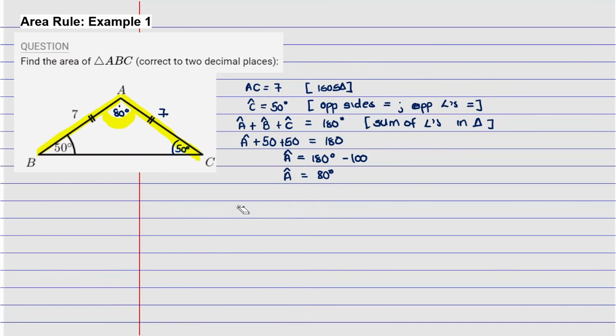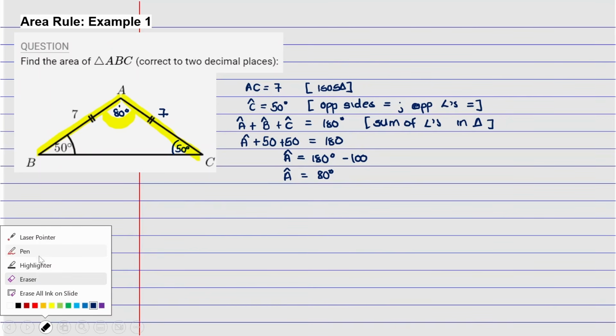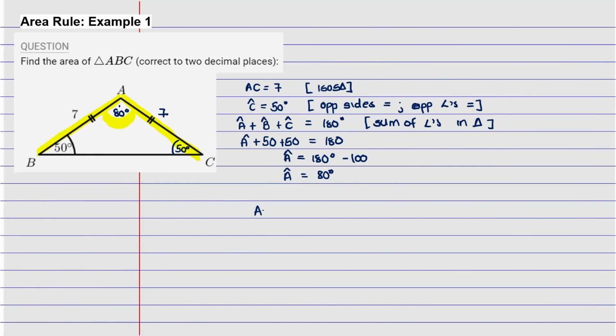Let me erase that. Okay, cool. The area of triangle ABC is equal to 1 over 2, then remember the two sides, which are AB multiplied by AC, multiplied by sine A.